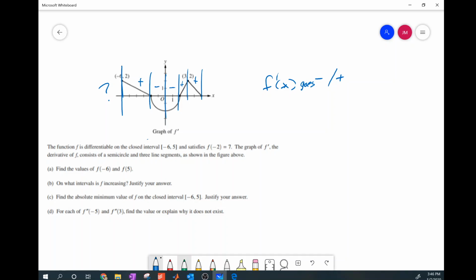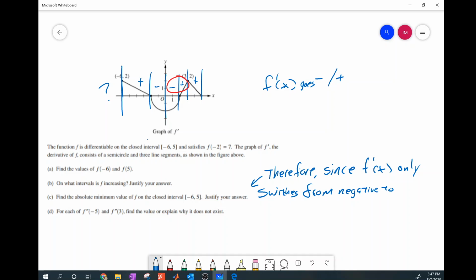So the only time that f of x goes from negative to positive, so therefore, since f prime of x only switches from negative to positive at x equals 2, our minimum is at x equals 2.